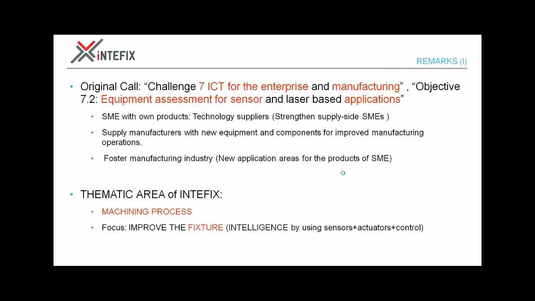So the first one is this one. This is the original call of the project. This is a project from the FP7, and the project is related to Challenge 7 of the ICT program, and it's for the enterprise and manufacturing.